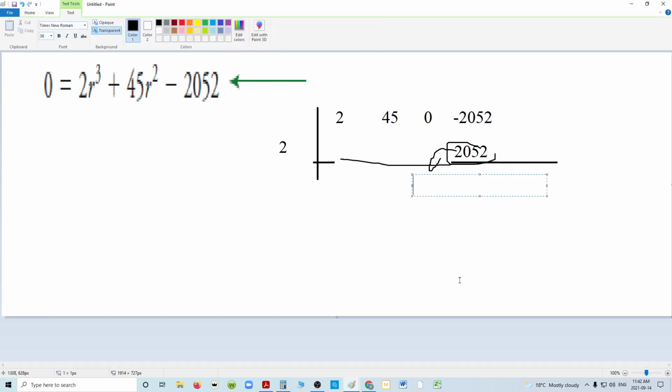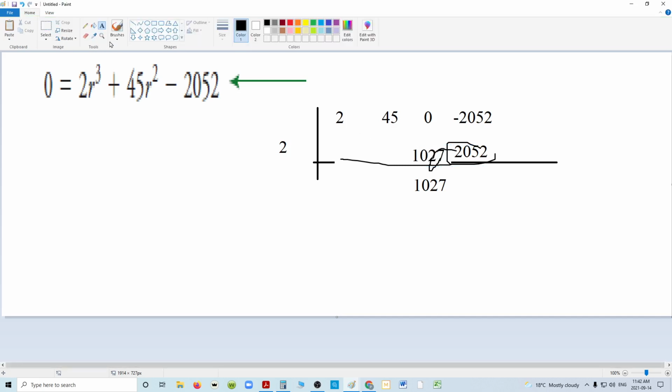So we can use 1027. We also know it got added to 0 here. And to get to that 1027 on this line, it had to be half over here because it got multiplied by 2, right? So we can easily figure out that 2's not going to work.